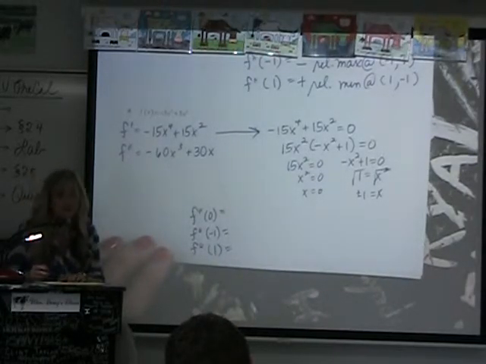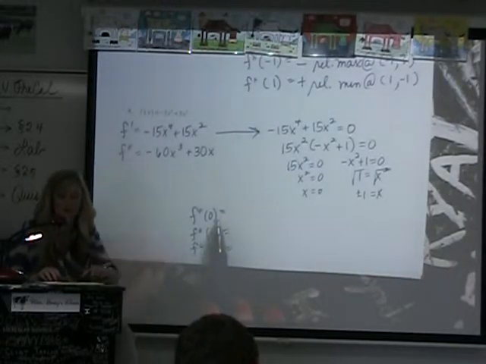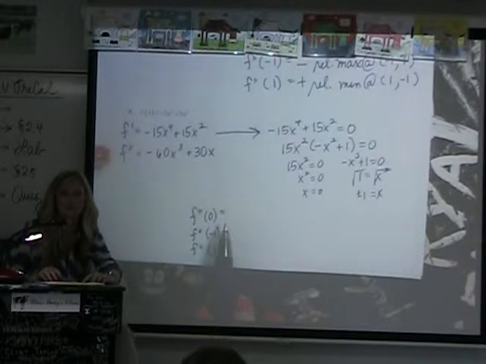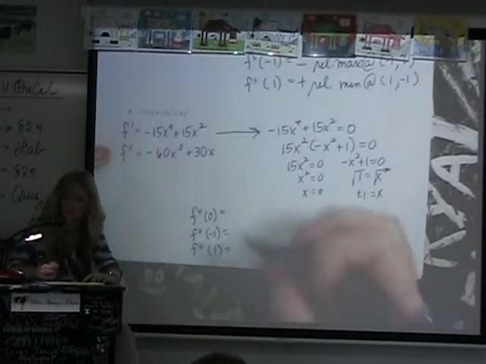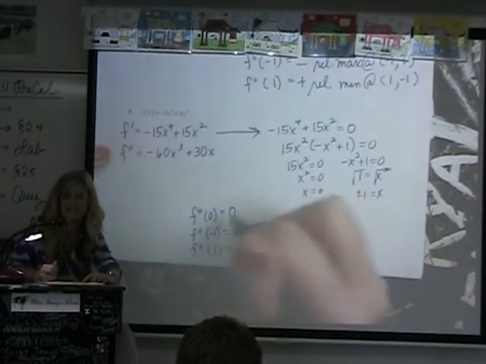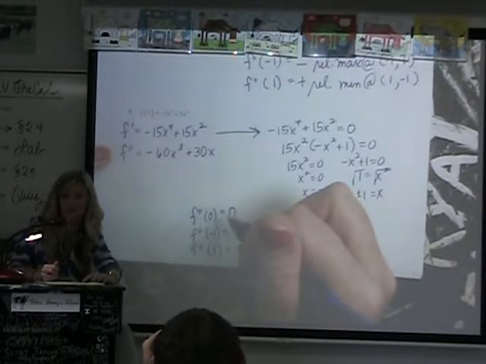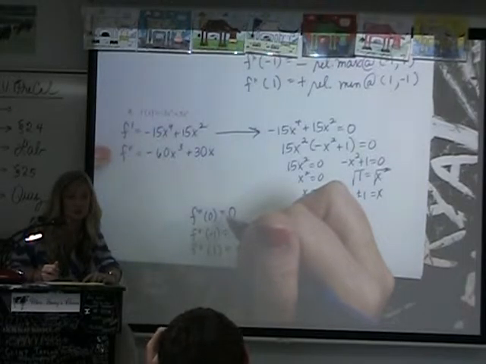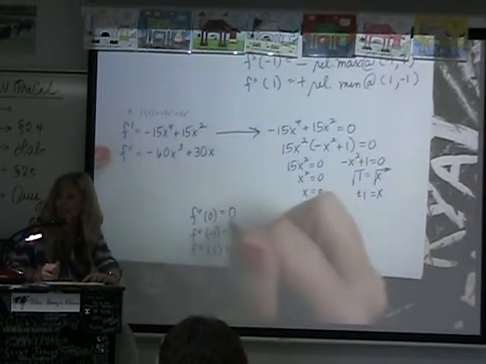So when you put 0 into f double prime, what do you get? You get 0. That means the test fails, right? So we have to use the first derivative test. We'll come back to that one.